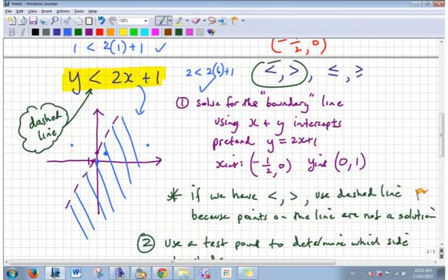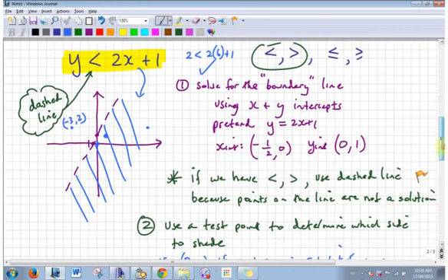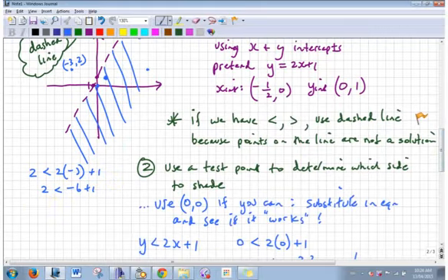It better not. Let's check it. What is that point? Negative 3 and 2. So y is 2. Is that less than 2 times negative 3 plus 1? Is 2 less than negative 6 plus 1? In other words, is 2 less than negative 5? No. Not a solution. It doesn't work.